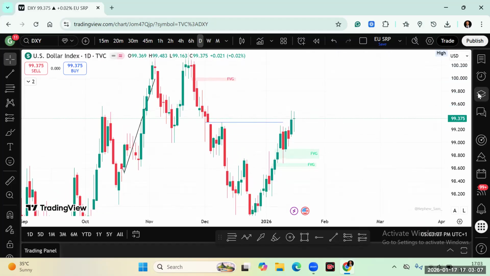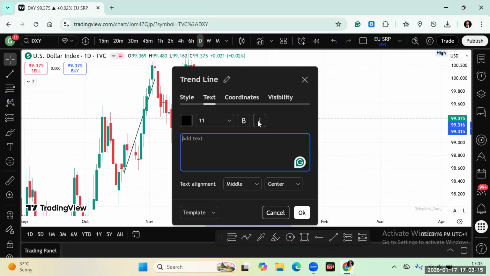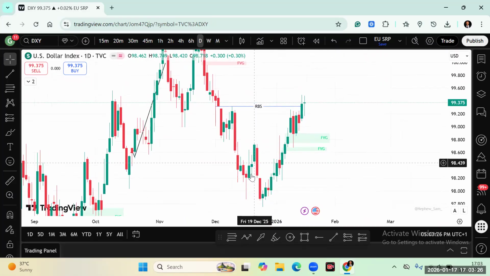If you come to the daily time frame, it's actually a macro where I do the RVS. So the dollar has been buying, it's been bullish, it's been coming up, giving us higher prices.